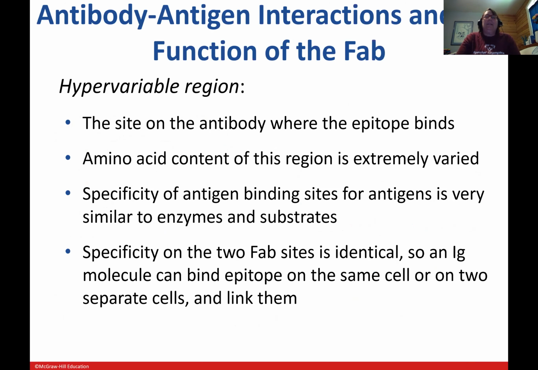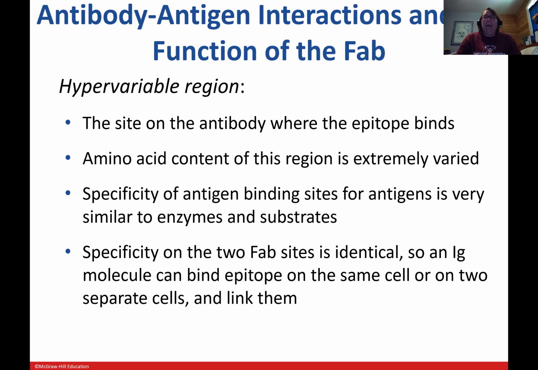Okay, so we have that hypervariable region at the end of the Ys. So it is the actual site on the antibody where that epitope binds, okay? And the amino acid content of that region is extremely varied. That's part of the whole variability of the antibody response. So in order to be specific for a particular antigen, you need to have a lot of variation in that hypervariable region.